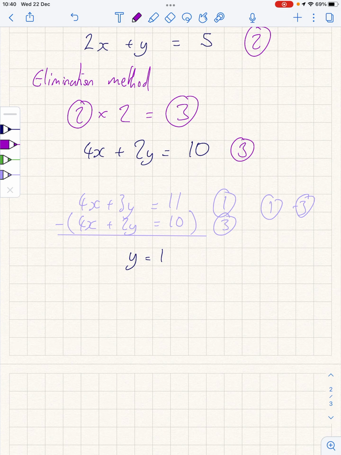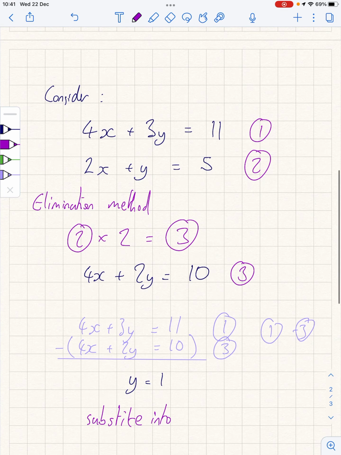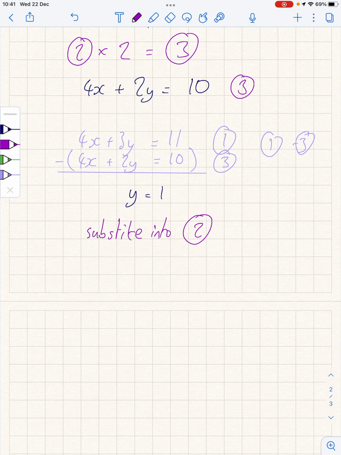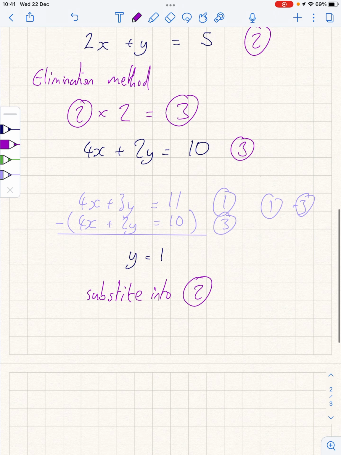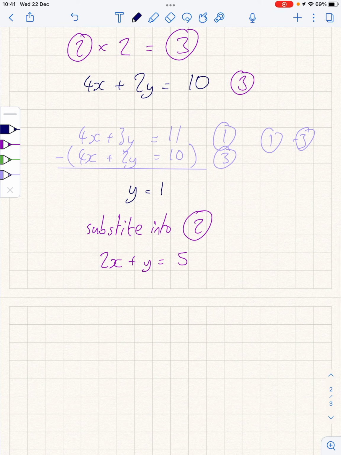Now we need to replace this, we call replacement substitution, or substitute, into, now the easiest one to do would be equation 2. So looking at equation 2, which is 2x plus y is equal to 5, I'm going to replace the value of y. So 2x plus 1 is equal to 5, so 2x is equal to 4.